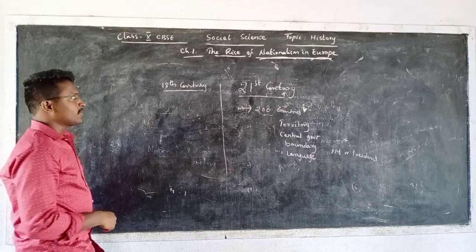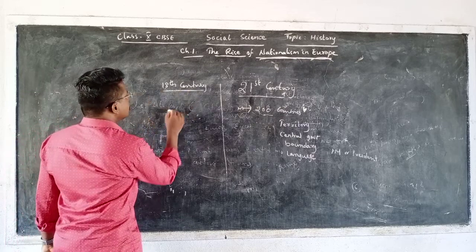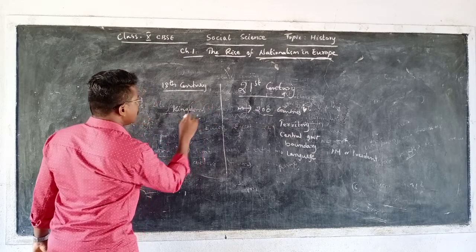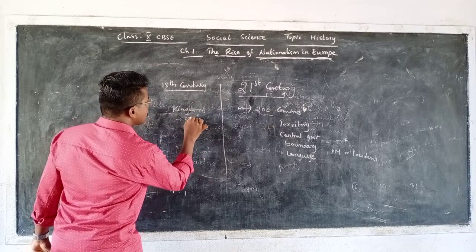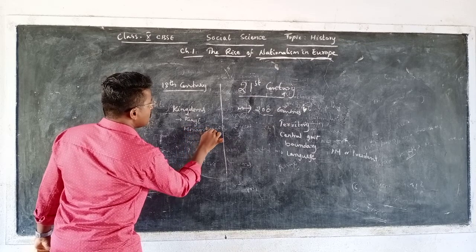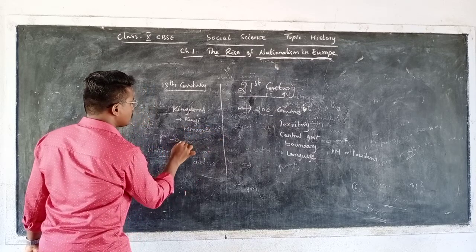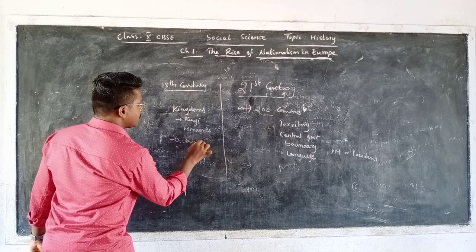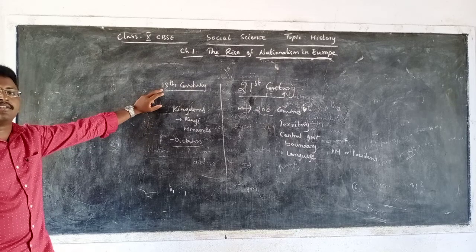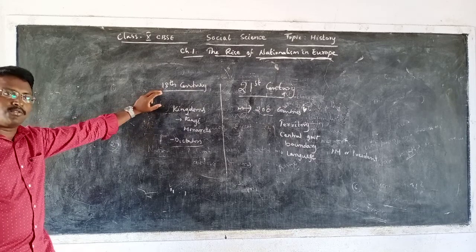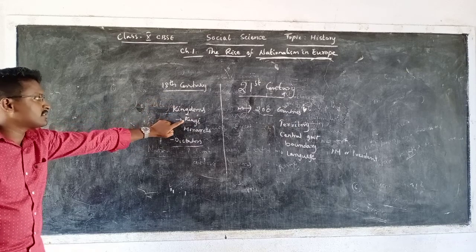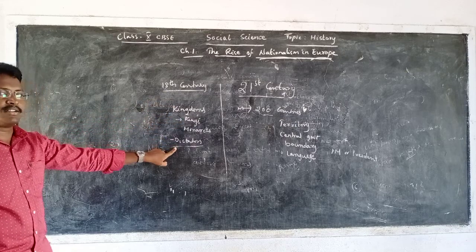What we had was simply kingdoms, and these kingdoms were ruled by kings, or monarchs, or sometimes dictators. So almost all the world was under the control of different kingdoms ruled by kings, monarchs or dictators.